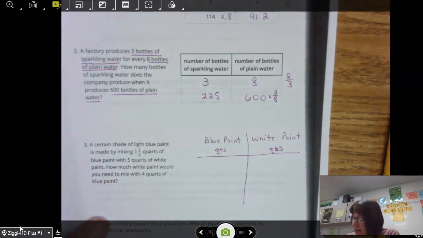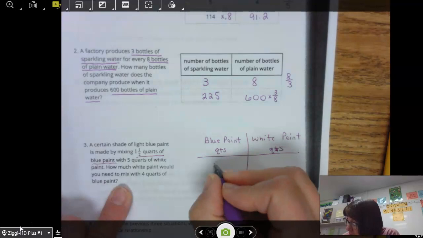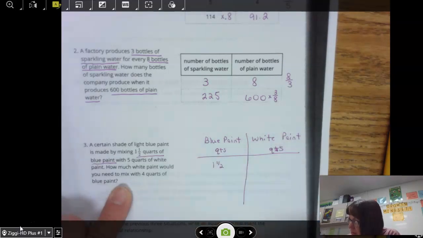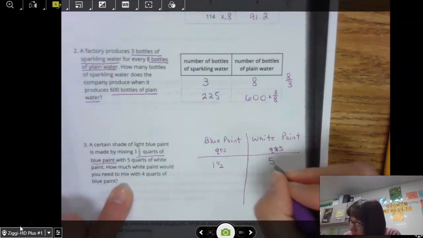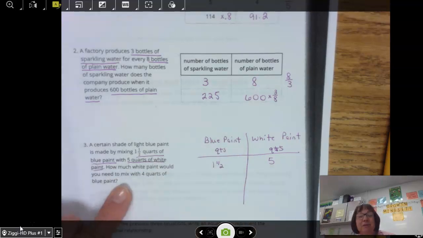All right, so when I have 1.5 quarts of blue paint, it's mixed with 5 quarts of white paint. Okay, so I fill in my table.